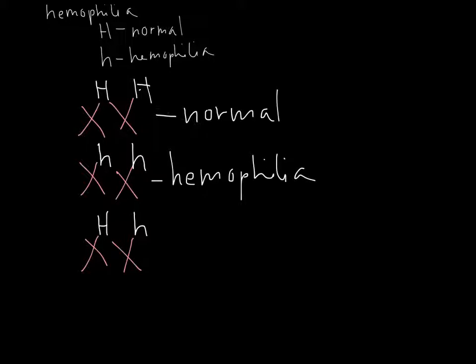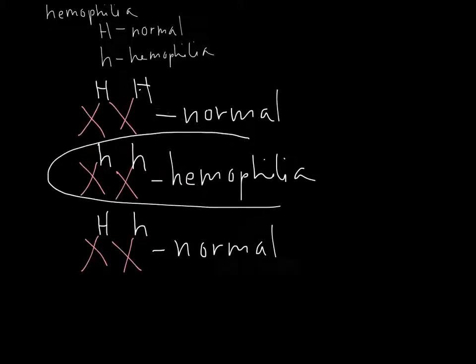That means she got one from mom and one from dad. Now this last one here with the heterozygous, of course we know dominant's always going to win, and dominant is normal, so this female is also going to be normal. So the only way that a woman can have hemophilia is if she has two of the recessive alleles. Okay? Now let's talk about men.